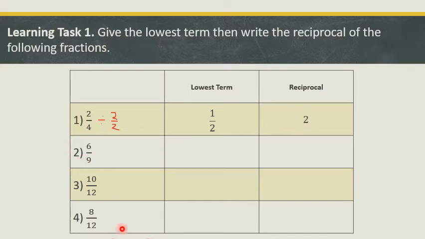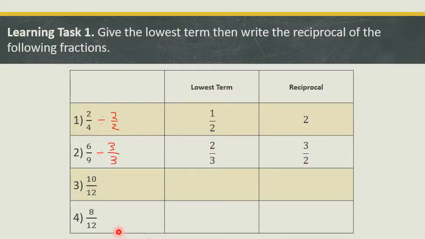So, sa number 2 naman, ang common factor po ng 6 at saka ng 9 is 3. Kung i-divide natin siya sa 3, 6 divided by 3 is 2, 9 divided by 3 is 3, so 2/3. Yun po ang lowest term niya. Kung kukunin natin ang reciprocal, ito po ay magiging 3/2.